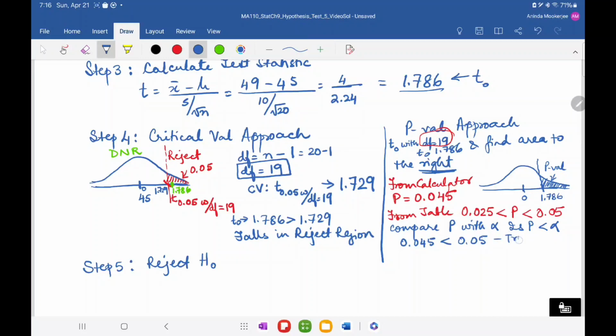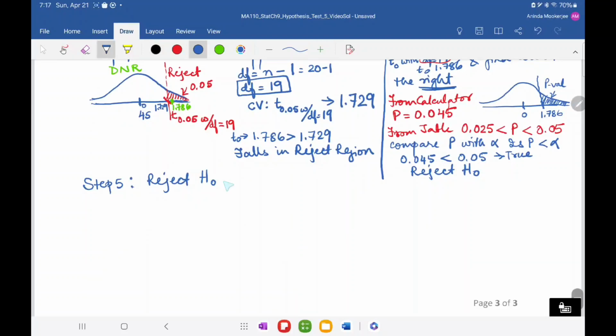That's true. And when P is less than alpha, we take the decision to reject our null hypothesis. So both our approaches gave us the same decision. So step 5 is reject null hypothesis. That's confirmed.